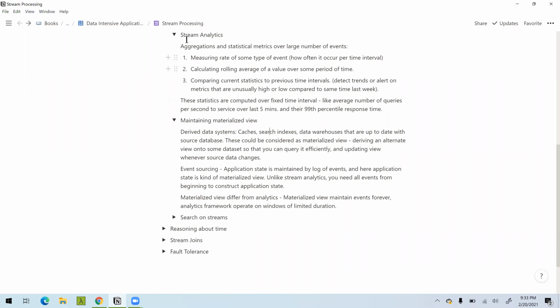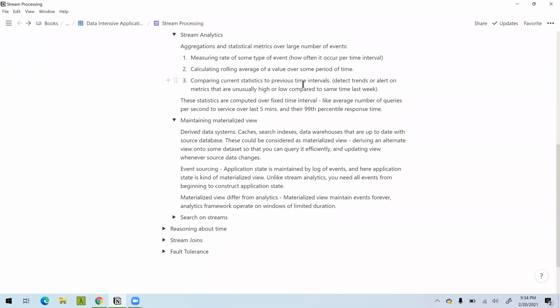Whereas when you are using stream analytics, you don't worry too much about the beginning of time. You are just taking the events in some particular time window. For example, if you were comparing your current statistics to the previous time interval, you would be taking your usage statistics from 1 week back: how my application was used 1 week back and how it is being used in this hour.